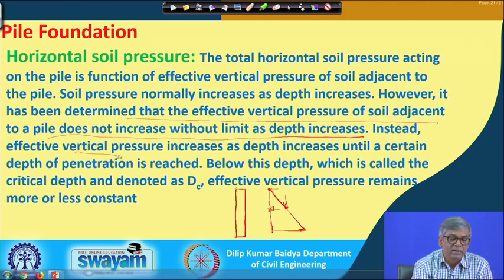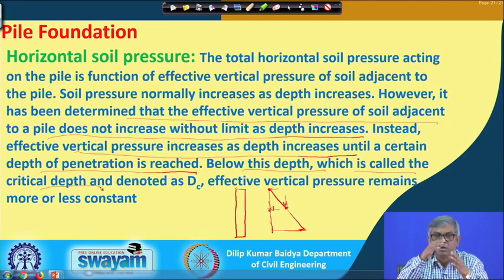Instead, the effective vertical pressure increases with depth until a certain depth of penetration is reached, and below this depth, which is called the critical depth, the horizontal pressure adjacent to the pile increases linearly up to a certain depth, and then we keep it constant.